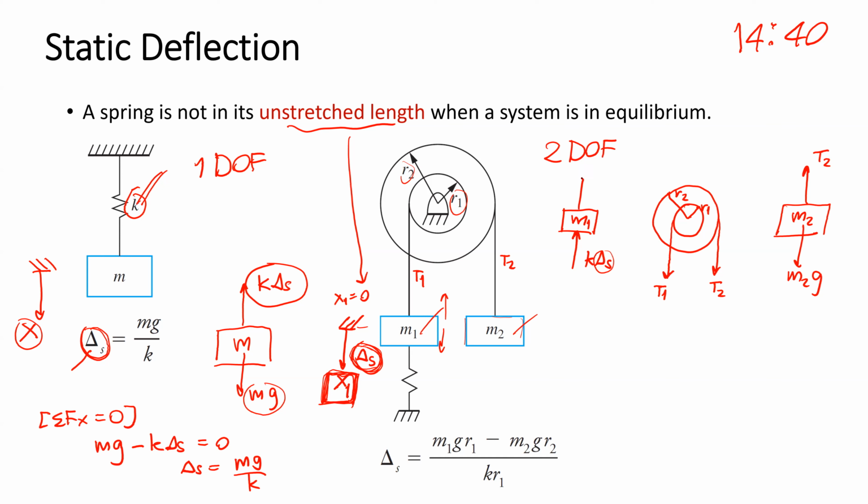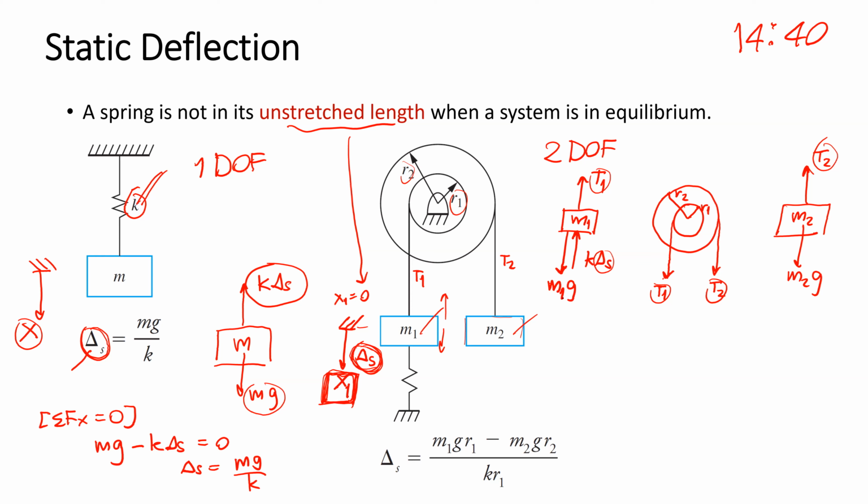T1, tension in the cable, is in the opposite direction. T2 is also in the tension direction. Tension means it pulls the mass upward and pulls the pulley in the downward direction. What's still missing? We still don't have m1g.